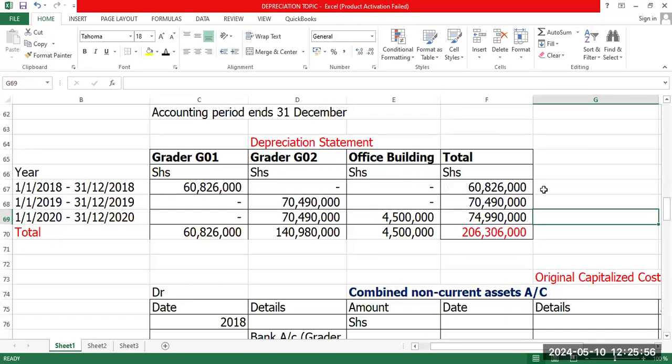Kindly repeat the question, you're breaking off. Okay, when we're depreciating for the office building, we use 5% on a reducing balance. We just subjected the 5% to the 90 million. How come we didn't deduct the 4.5 million from the 90 million? We just stopped at the 4.5.